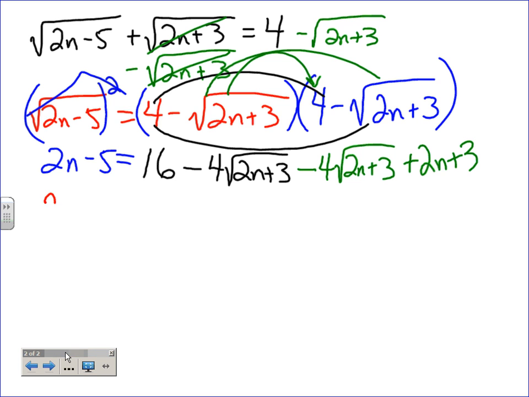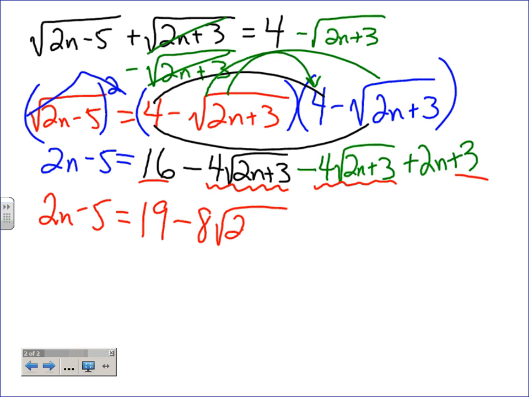So here, 2n minus 5 equals. Can I combine the 16 with anything? 3, which is 19. Very good, whoever said minus 8 times the square root of 2n plus 3, because some people try and add the radicals. Right, you just leave the radical there and add the number out front.